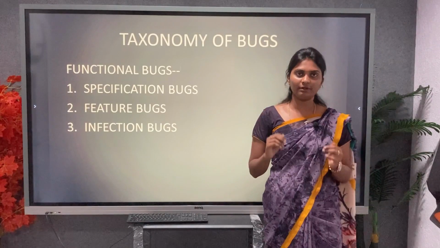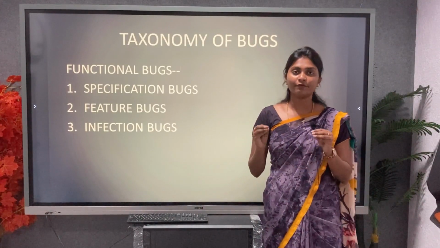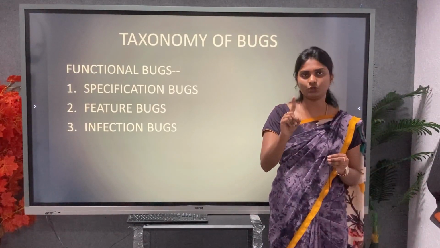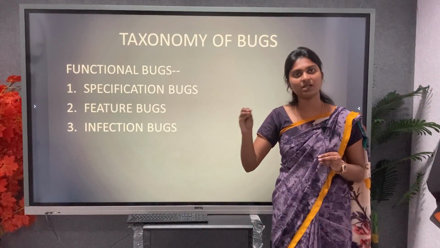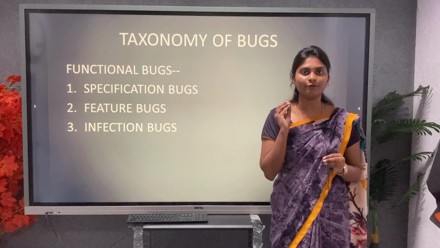First we will know the difference between fault and failure. A fault is a single occurrence of a bug. In a coding language or any other programming language, if a single occurrence of a bug appears, it is called a fault.